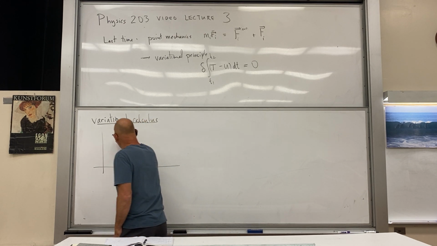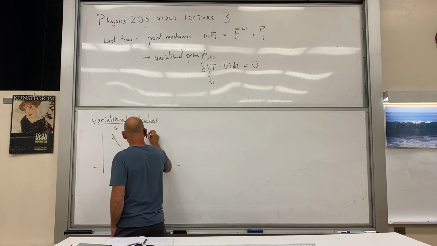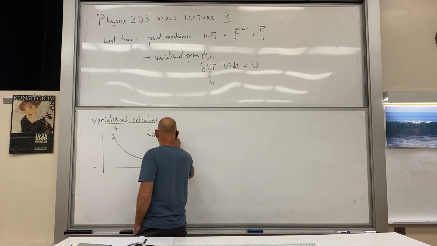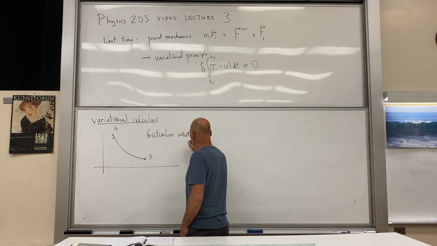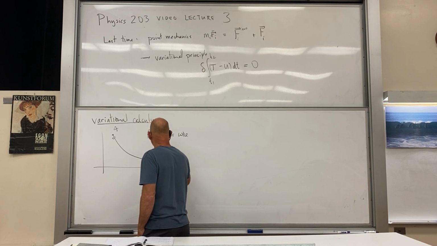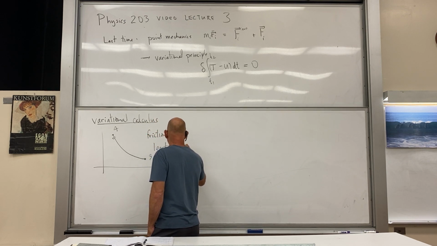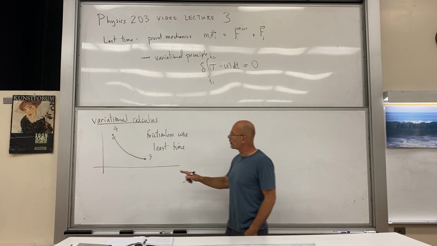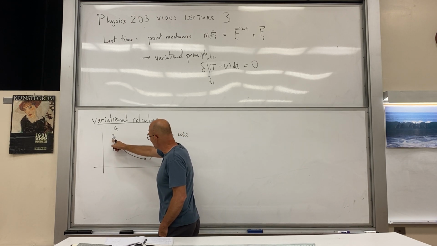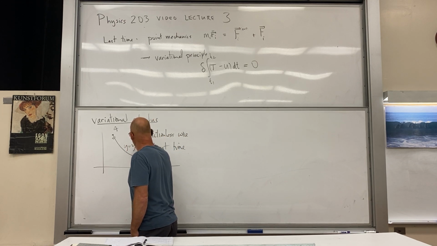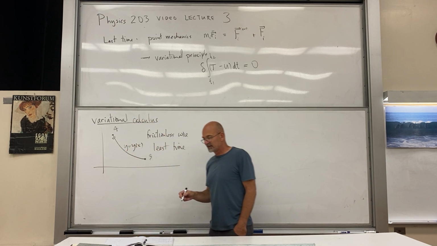So I'll just draw a little bead, frictionless curve, frictionless wire, and we want the least time. And so what we would need is an expression for the time, how long it takes to go down this thing given this curve y of x.